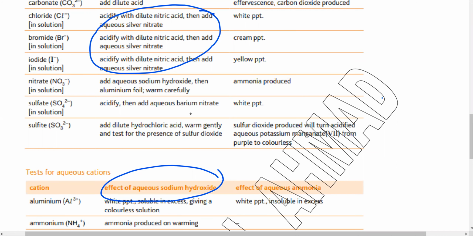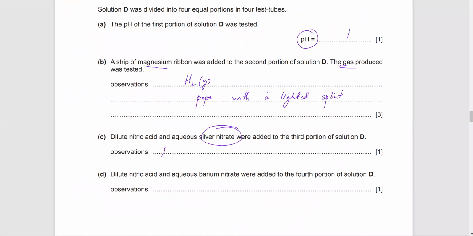But the D that you have is H2SO4. So you're not going to get a result because you don't have Cl-, Br-, or I-. So in this case, no observations. Siddha, Mahad, is this clear? Saad, clear?